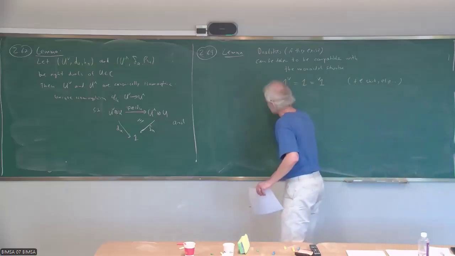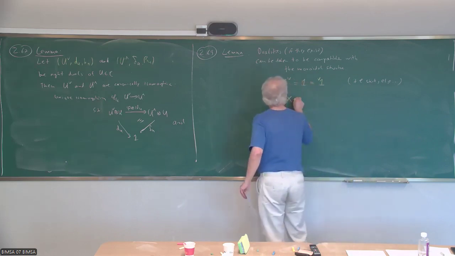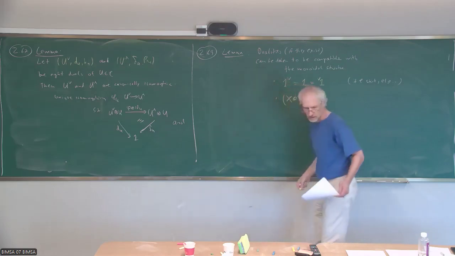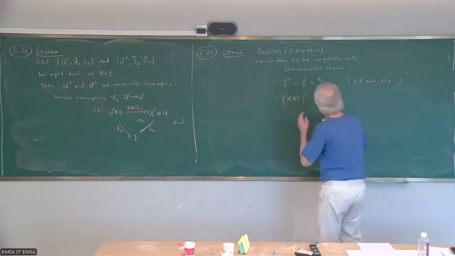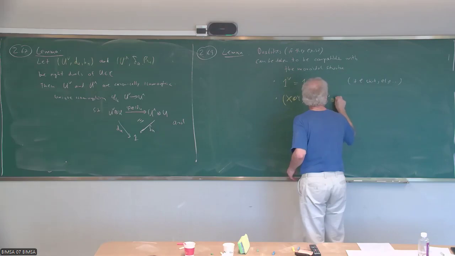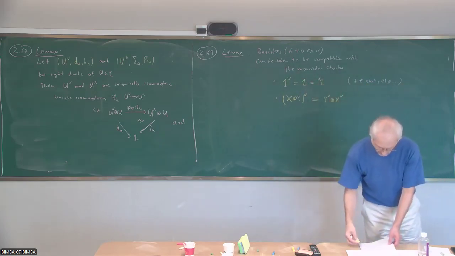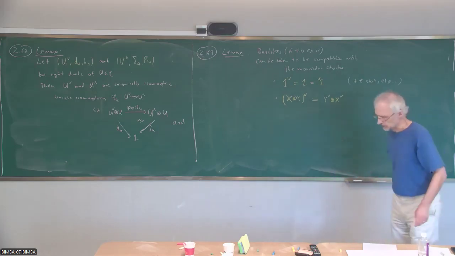So compatible with the unit and compatible with the tensor product, meaning that if we first take the tensor product and then take the dual, well, we have to change the order. But up to that, we can take the duals factor-wise, and analogously for the left duality.